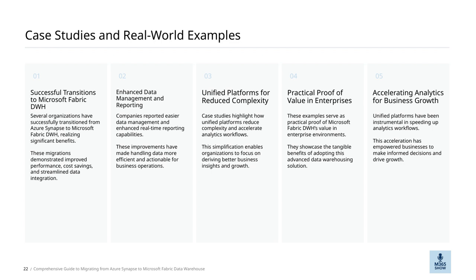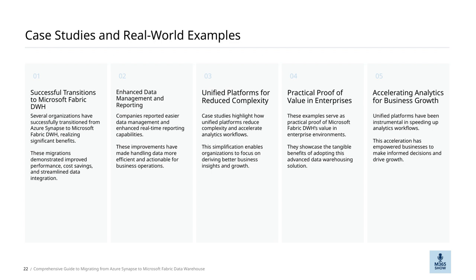These examples clearly show how such platforms have been instrumental in speeding up analytics workflows. By streamlining processes, businesses can make faster, more informed decisions, which in turn drives growth. What's really compelling is how these practical examples serve as proof of the value that Microsoft Fabric DWH brings to enterprise environments. They highlight tangible benefits, such as improved performance, cost savings, and more efficient data management.